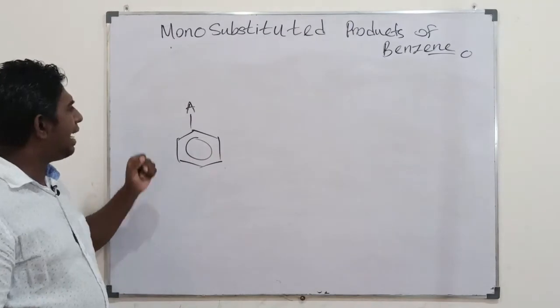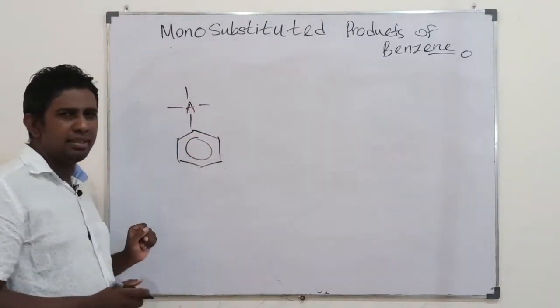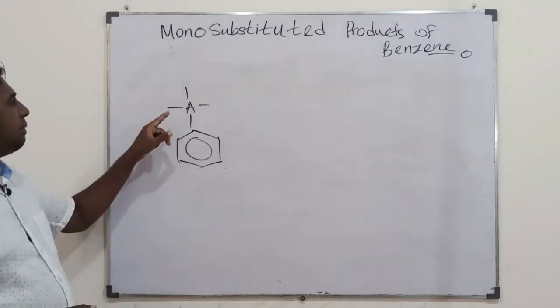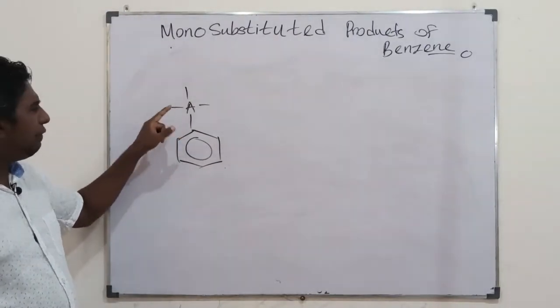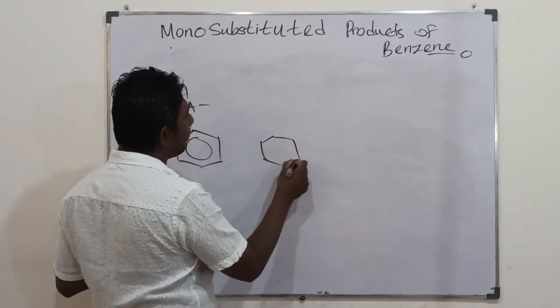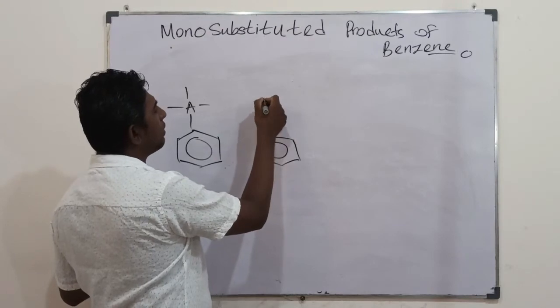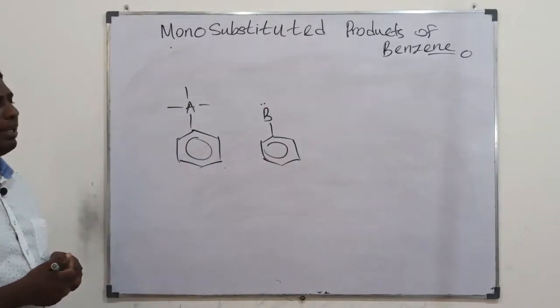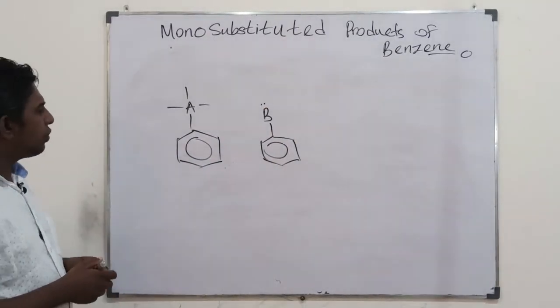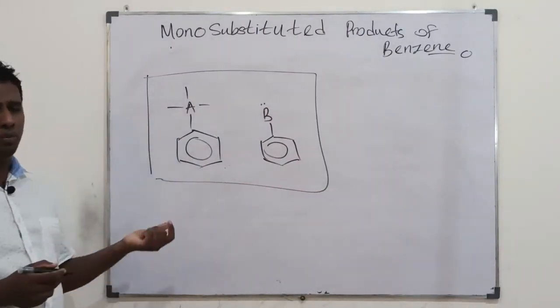Students, if you have a benzene ring that has an atom here, it doesn't matter what that is, an atom here. If this atom has just single bonds only, it doesn't matter what the number of bonds is, or though it has no bond, sometimes it could have lone pairs, then these are not meta-directing groups.